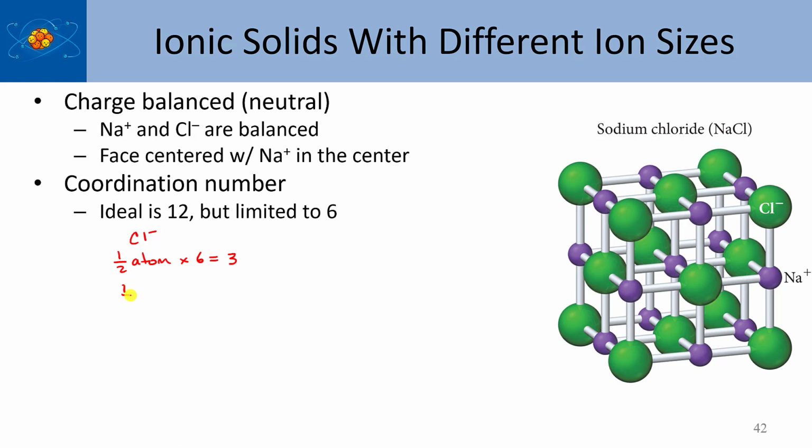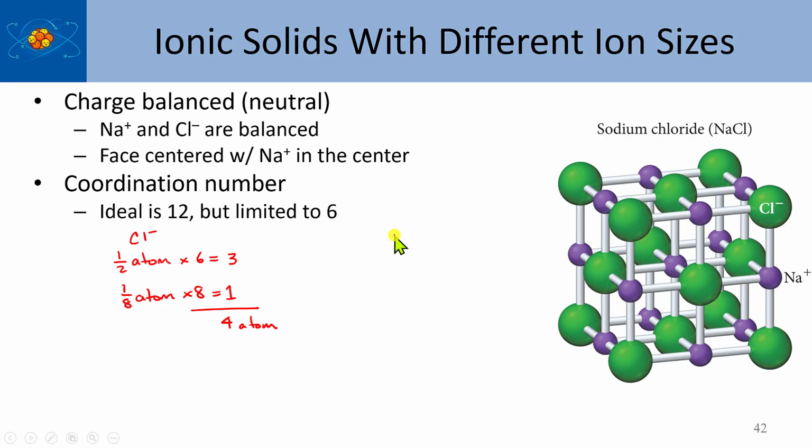So I have 1/8 of the atom times 8, because there's 8 corners. That leaves me with 1, and so that gives me a total of 4 atoms of a negative charge. And so that's the same calculation we did for the face-centered cubic unit cell.